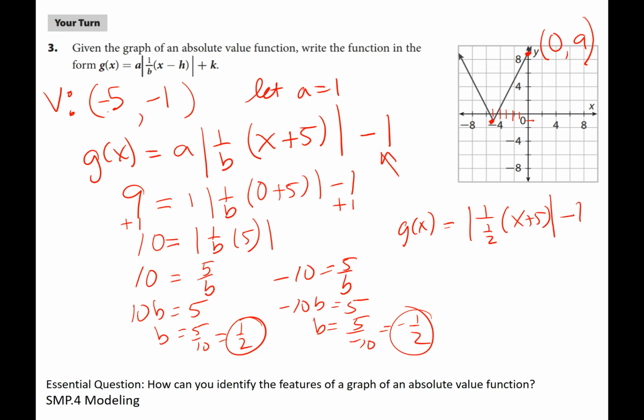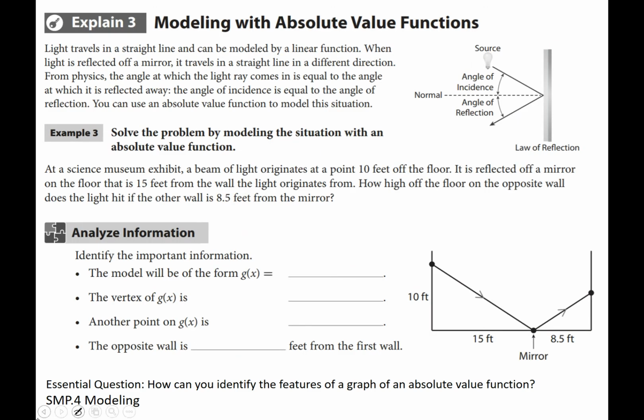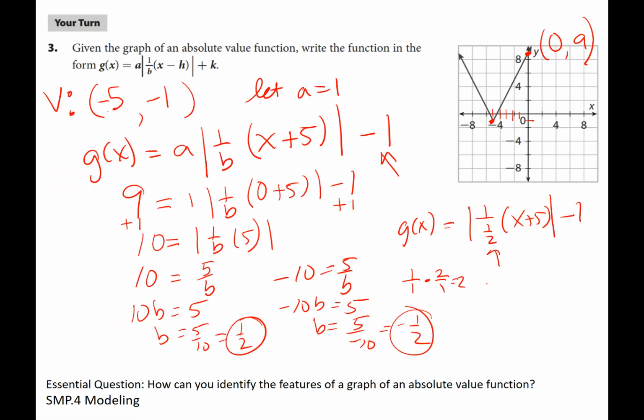Now, we don't like the way that fraction looks. When we have a double fraction like that, it's like saying 1 over 1 divided by 1/2. So I flip the bottom and switch to multiplication. So it's really a 2, and I could replace that with a 2. So you have g of x equals the absolute value of 2 times x plus 5 minus 1.